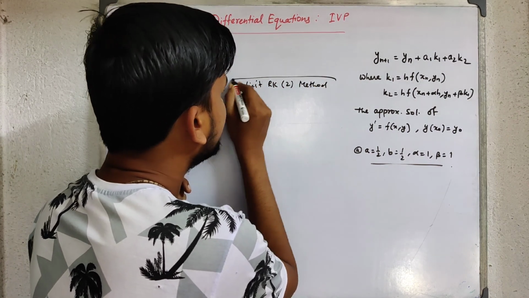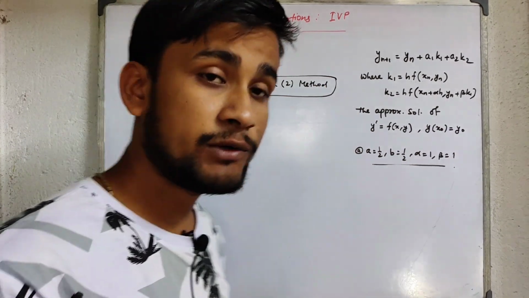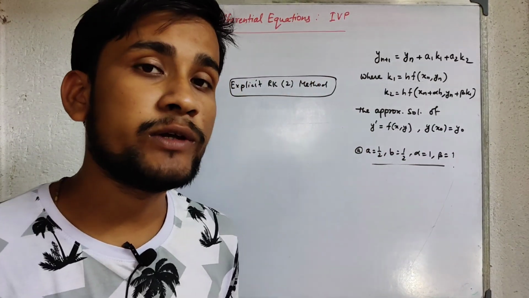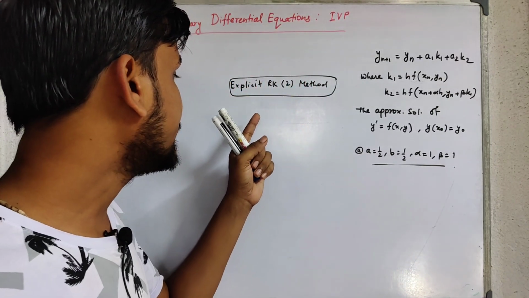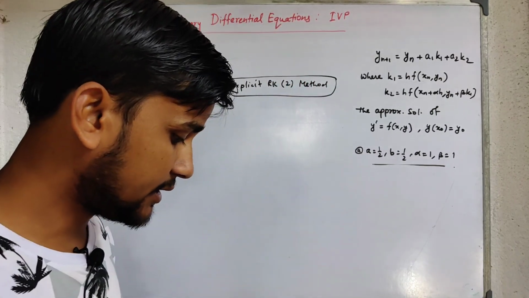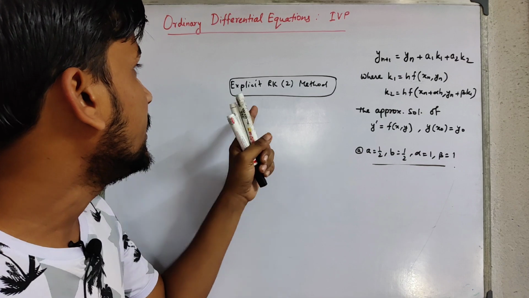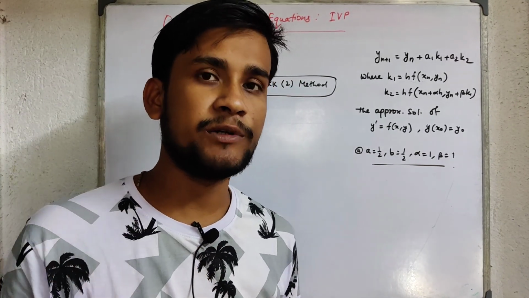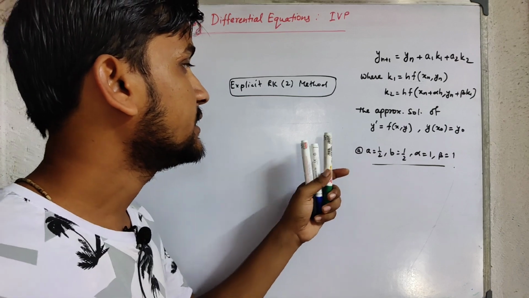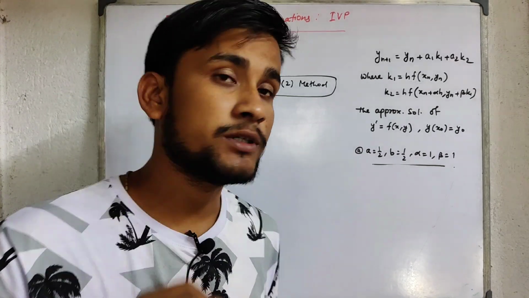So what is the application of this? You can ask me, sir, why do we read this topic? I'll answer this question: the concept of the explicit RK method, or the second order RK method, is very useful for the CSIR NET exam and also the GATE exam.